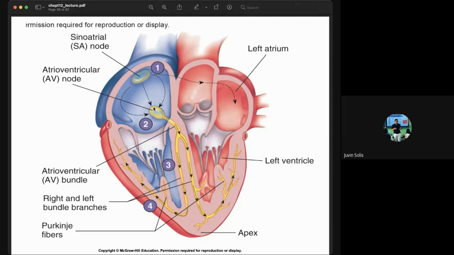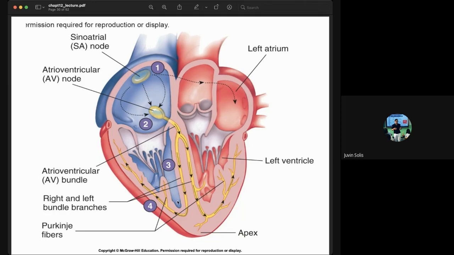So SA, and then it can travel to left atrium, and here also sa may ating AV node. And then what will happen next, in number 2 here, the action potential passes through the AV node and then along the AV bundle. Ito yung AV bundle na tinatawag natin. And then eventually magbe-branch out tong AV bundle, magiging left and right AV bundle.